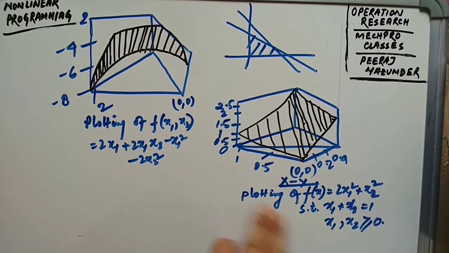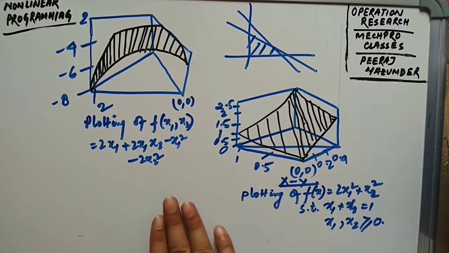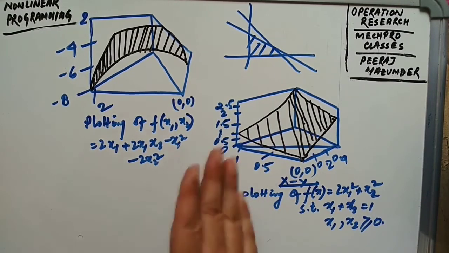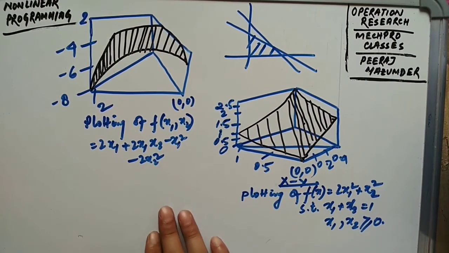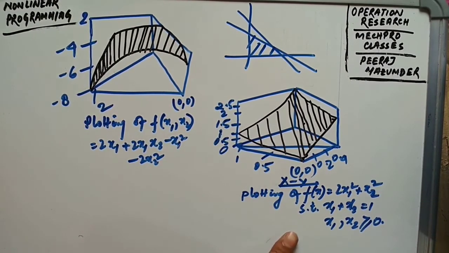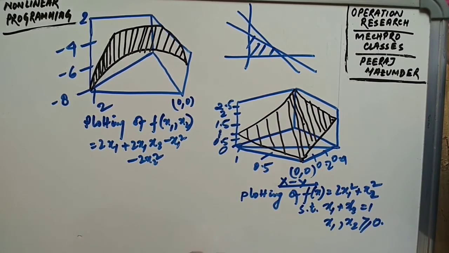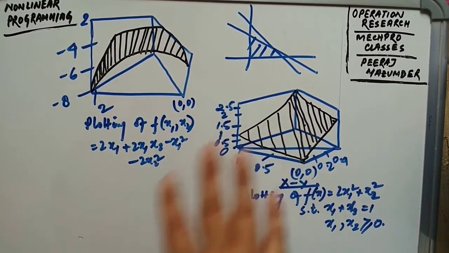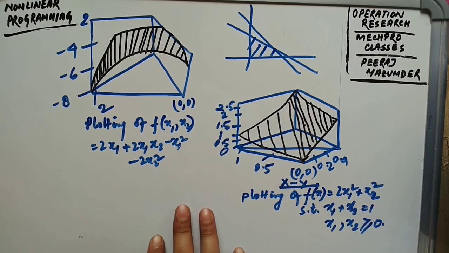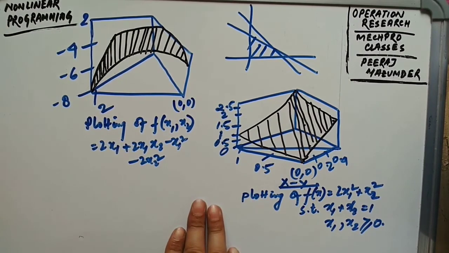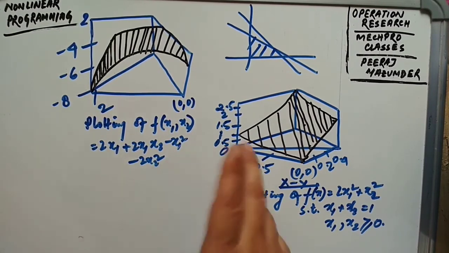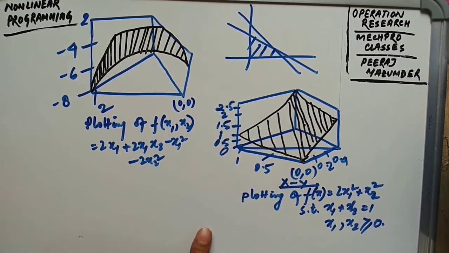So I think today is all about the background of NLP, the formulation, what the constrained type and the unconstrained type of non-linear programming are, and how the graphs actually look. Okay, so in the next video I will show you how to plot these graphs, and we'll have some more fun in the video.